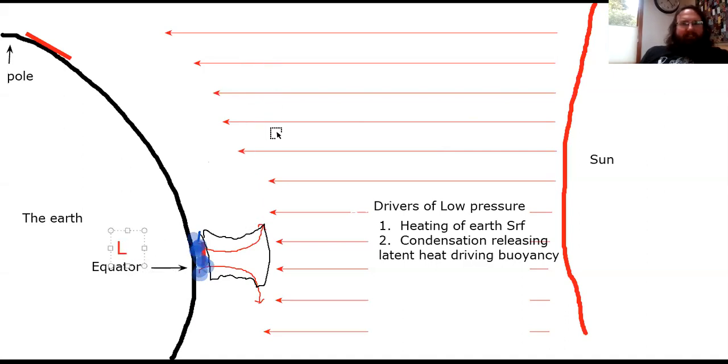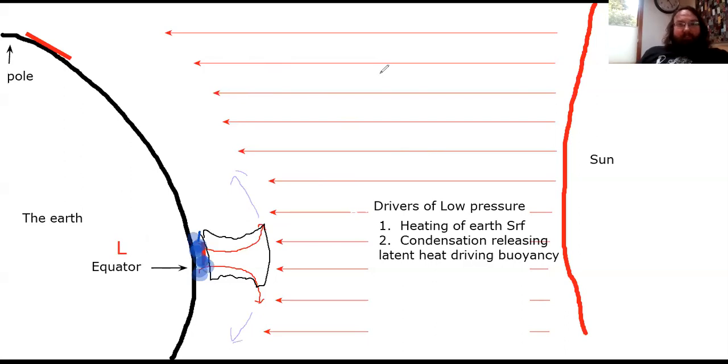Now, the air that rises at the equator is then going to start to move poleward. So this air is going to start traveling forward from the equator.